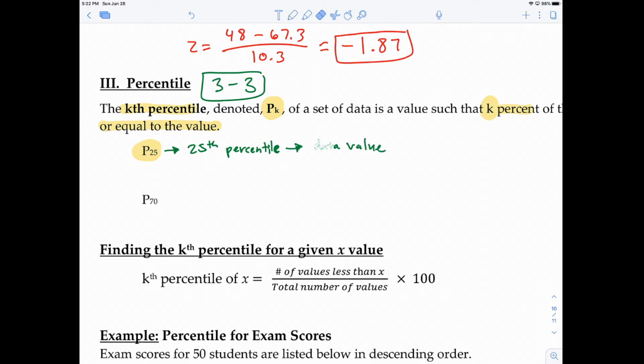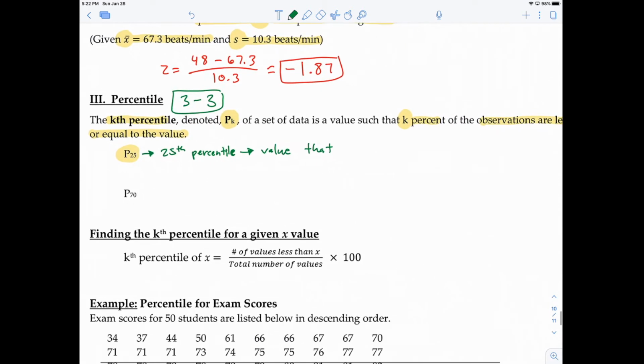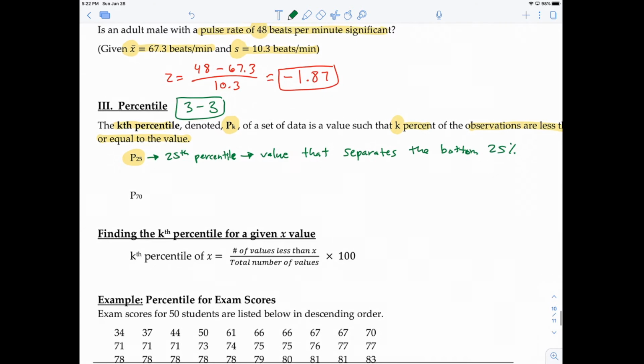It doesn't need to be part of the data. It is a value that separates the bottom 25%.